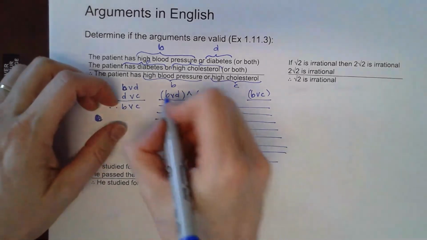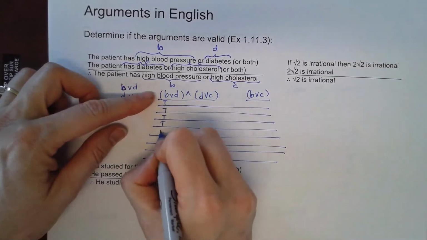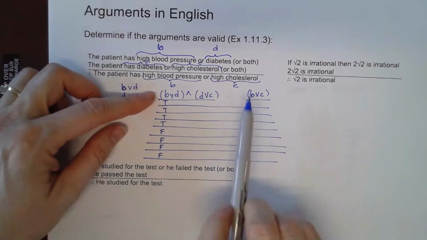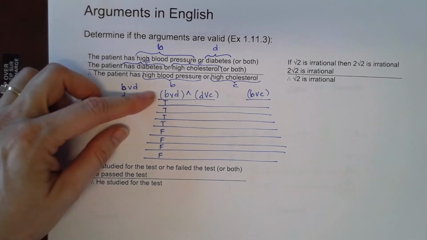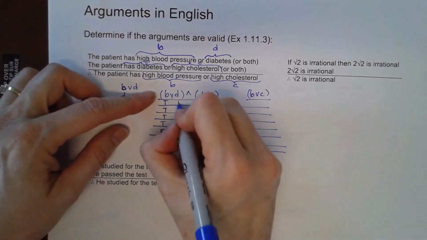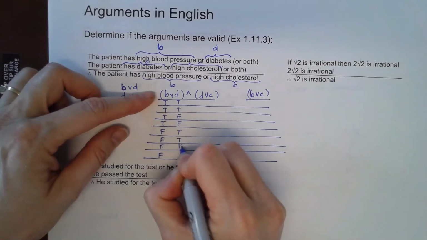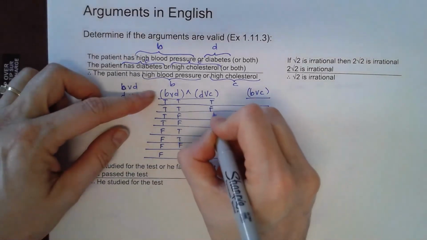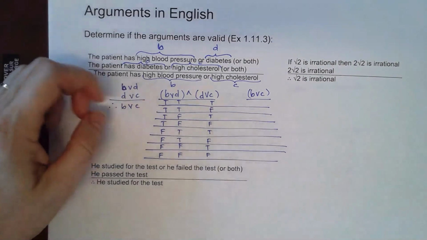So under B, I'm going to have 4 truths and then 4 falses. I'm not going to repeat it over here for this B. We'll just use the one we had over here. Maybe D, that can alternate by 2, so we'll do 2 truths and 2 falses alternating. And then our third variable is C, that'll alternate by 1. So this will be true, false, true, false, true, false, true, false.